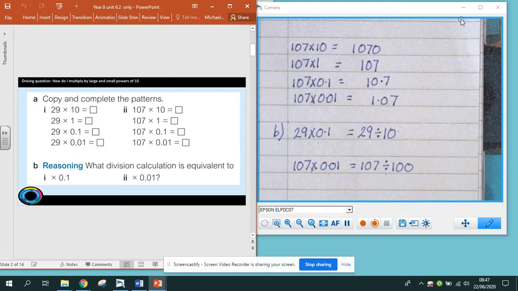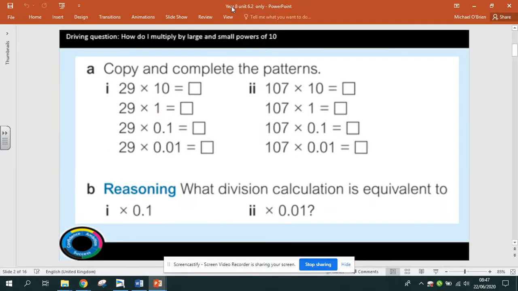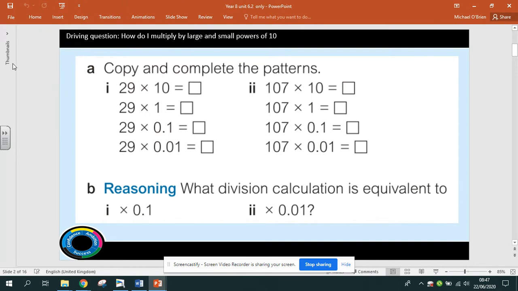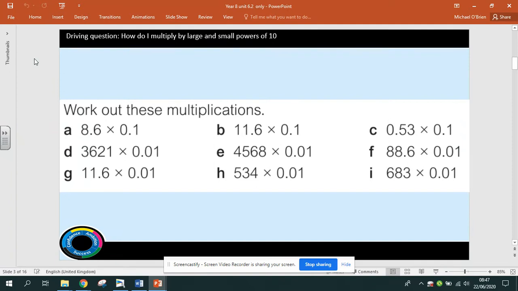Okay, if you need to write any corrections, pause the lesson now and catch up when you're ready. So next up, we've got some multiplications to do by small powers of 10.